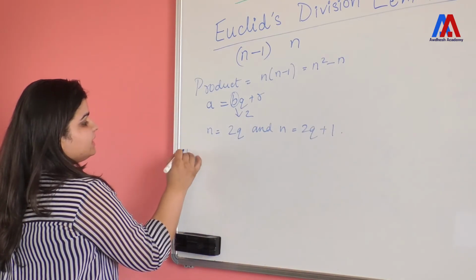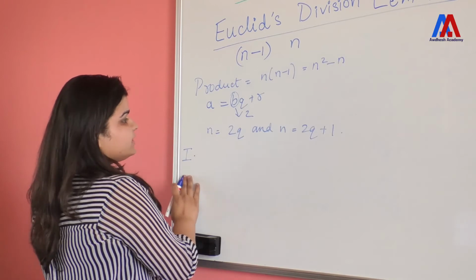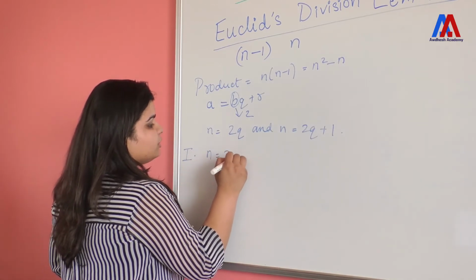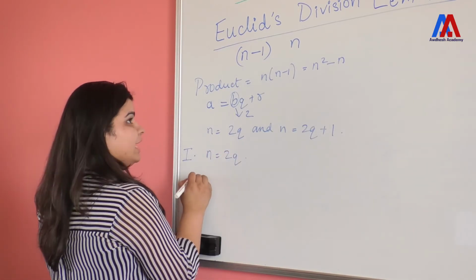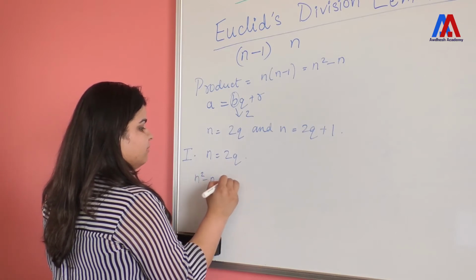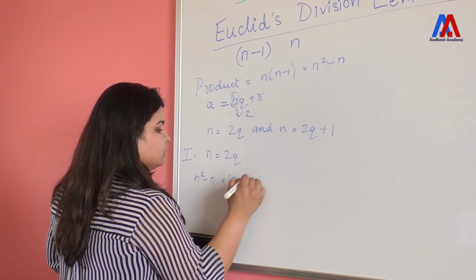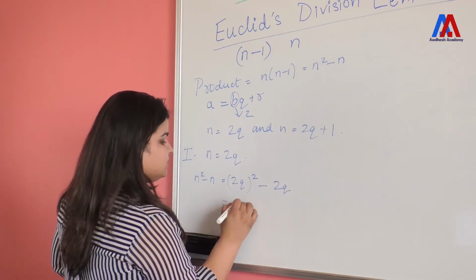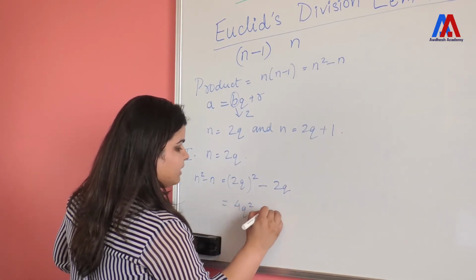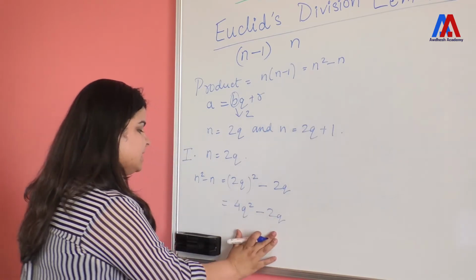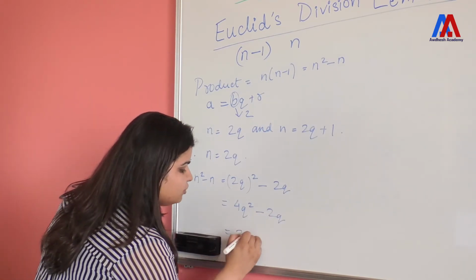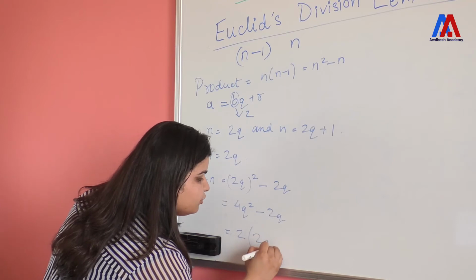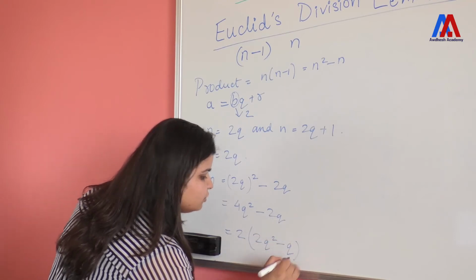So let's take the two cases. In the first case we have n equal to 2q. So n square minus n becomes 2q square minus 2q, that is 4q square minus 2q. Now this can be written as 2 into 2q square minus q.